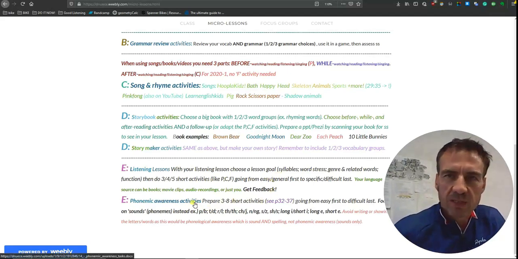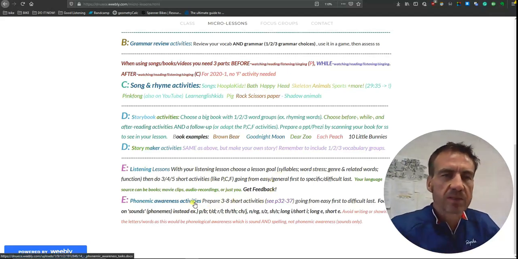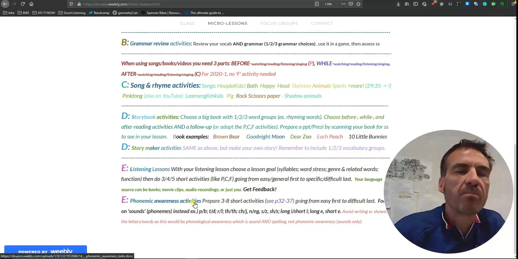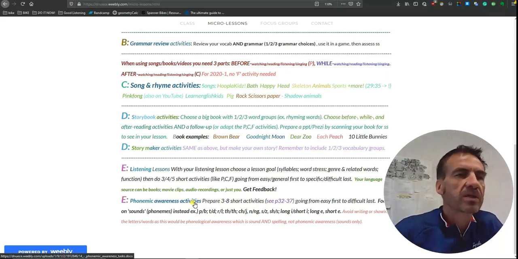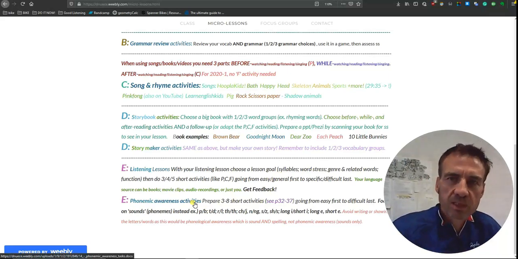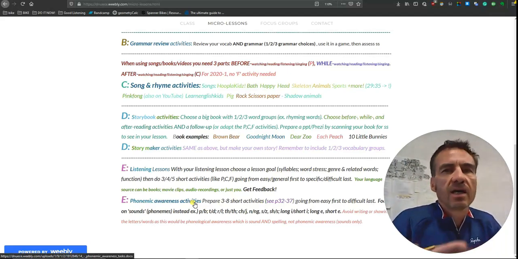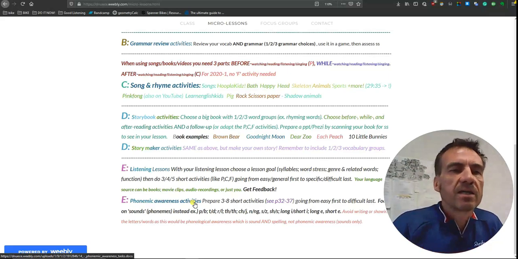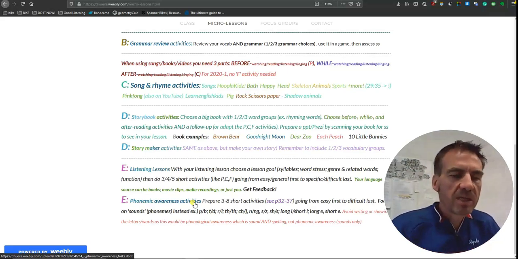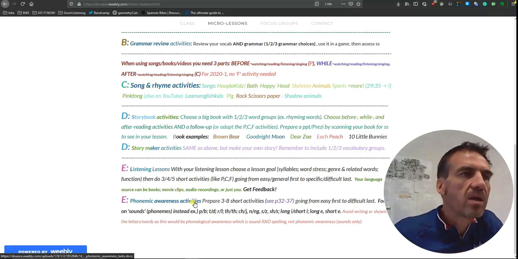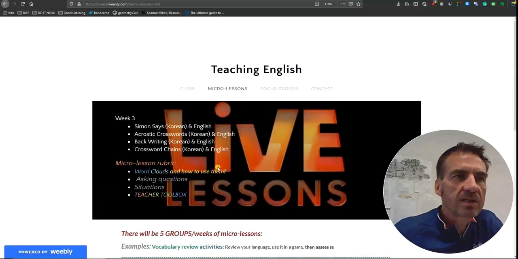And phonemic awareness, focusing on the sounds. And we talked about that in bottom-up instruction, starting with the sounds, building up to words, then phrases or chunks, sentences, and creating paragraphs or meaning from there. Okay, so those are the micro lesson types.